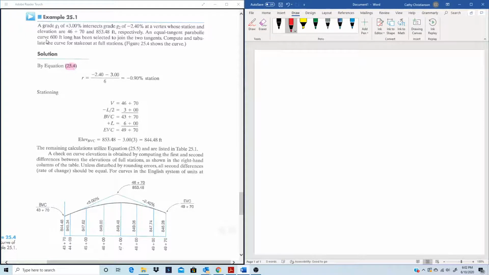So 600 feet would be actually 6 stations. So we want to first go ahead and do our R. So R equals, and R is the equation 25(4), which is G2 minus G1 divided by L, and I'm going to put L in stations.